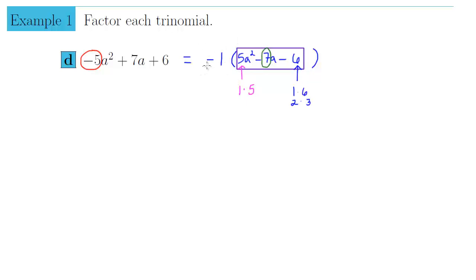Just disregard this negative 1 for now. In our answer we'll have an extra negative 1, but it does not play a role as far as building boxes and factoring this trinomial. For our first box we're going to start with putting a 1 and 5 in the first column. That's our only choice. And then we'll put a 2 and 3 in the second column.